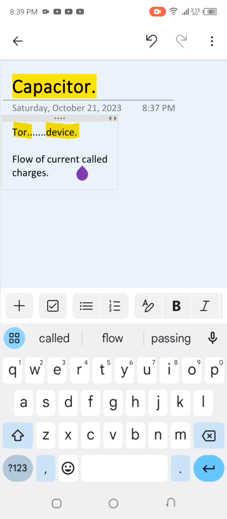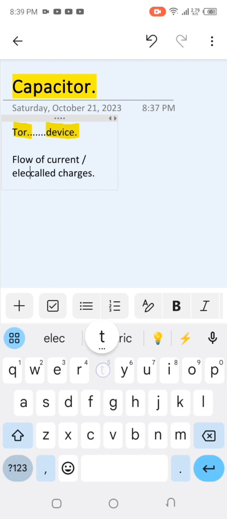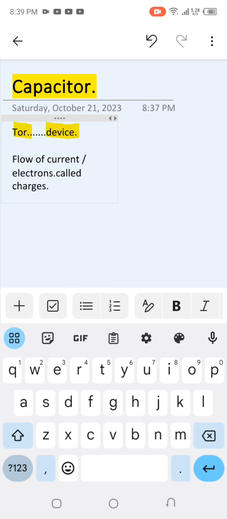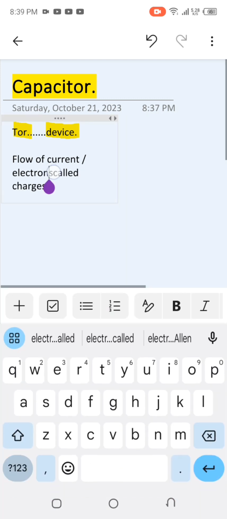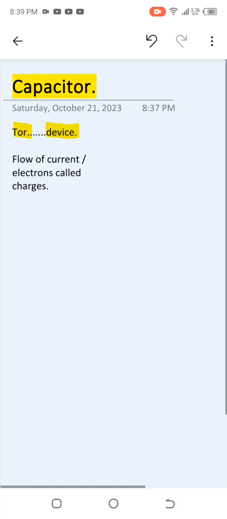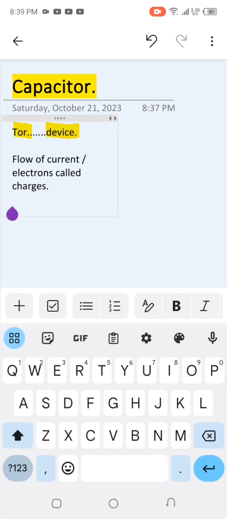So we can just call it charges. The charges are stored in a capacitor. A capacitor is a device which is used to store a large amount of charges, meaning the flow of electrons.